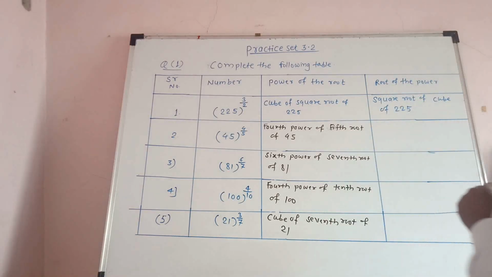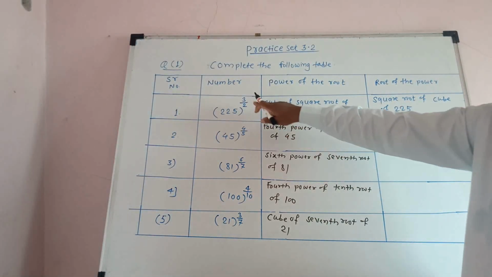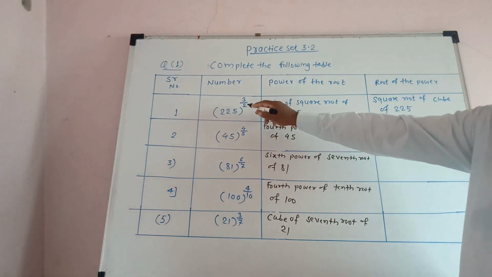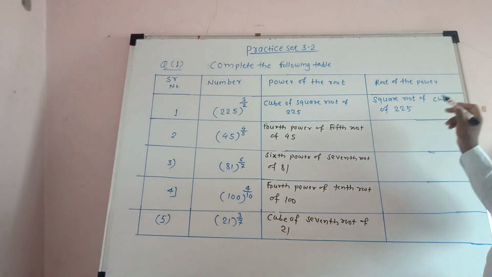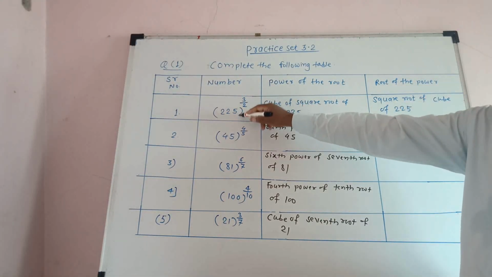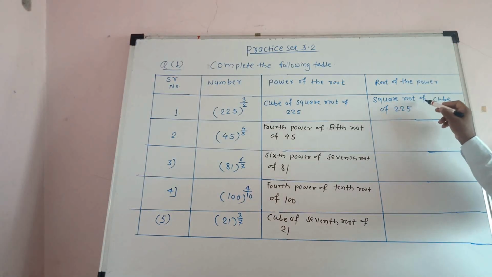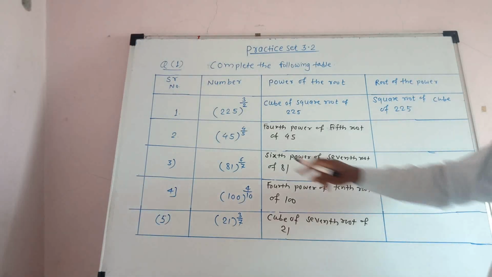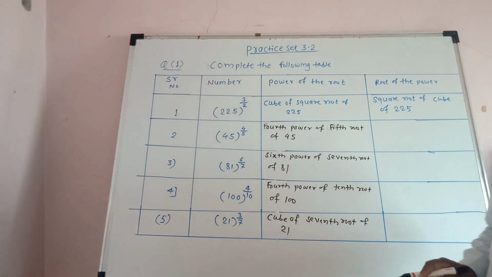Now root of the power. Take root at first and then power. That is the 2 as a root. Square root of, then power. Cube of 225. So here written square root of cube of 225. Here take root at first. What is that? 5.